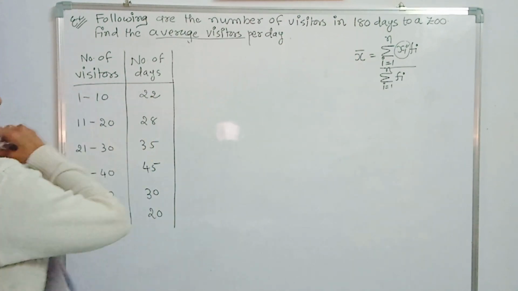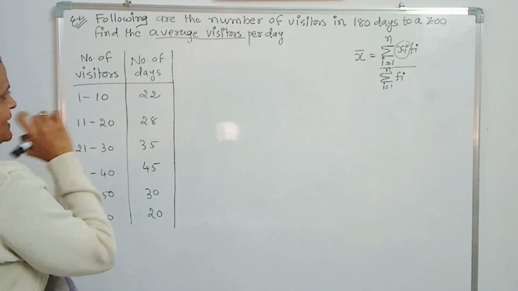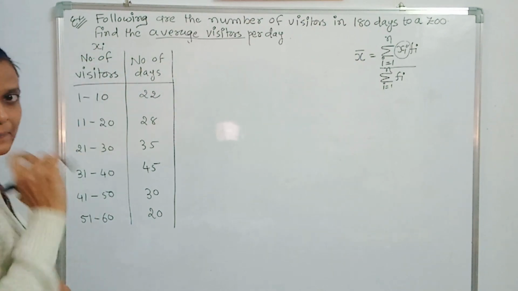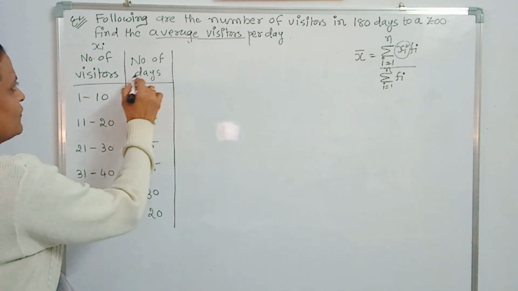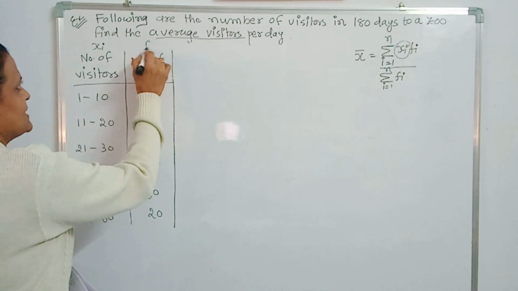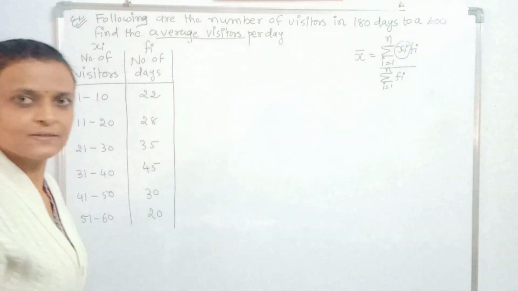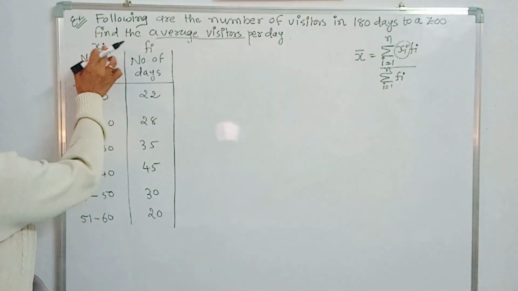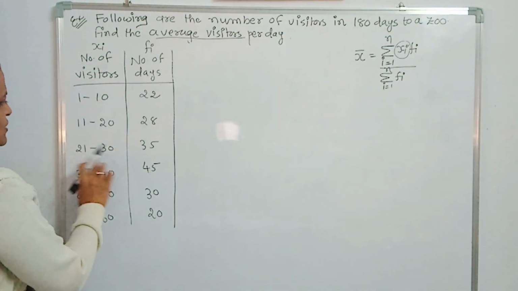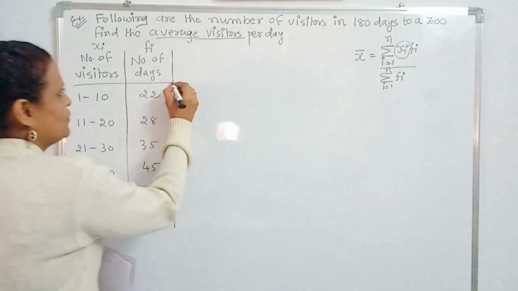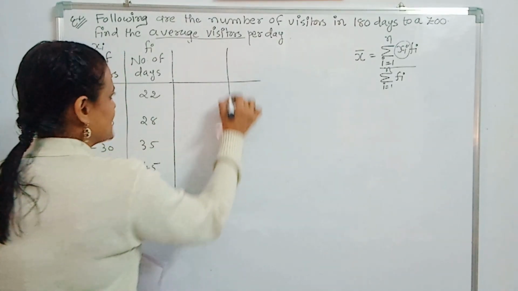Now let us represent the number of visitors as xi and the number of days as fi, because this represents the number of repetitions. So here xi is given in the form of a range, so we cannot use it directly in this equation. So how can we obtain this xi?